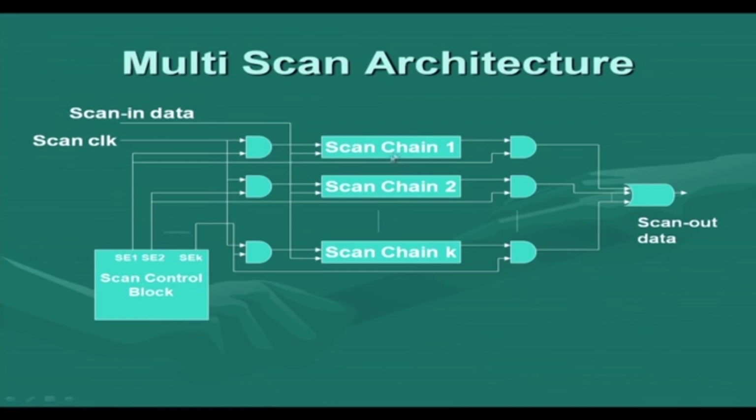First this chain is selected, then this chain, then this chain, etc. For the scan out purpose, of course, I have to do it serially, so this AND gate has to be enabled. As a result, this chain output will come, or this will come, or that will come. Of course, there are many other components that can be there, like scan chain masking, but that is not shown here.